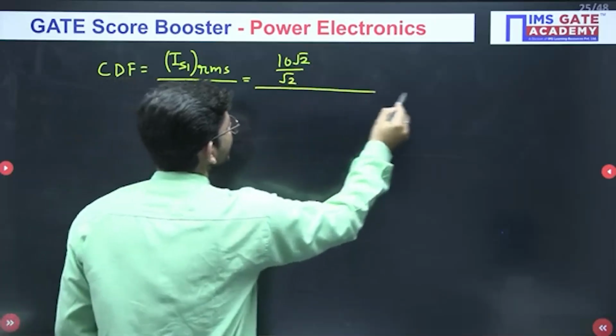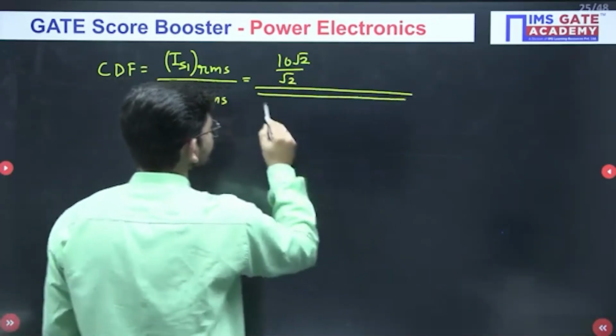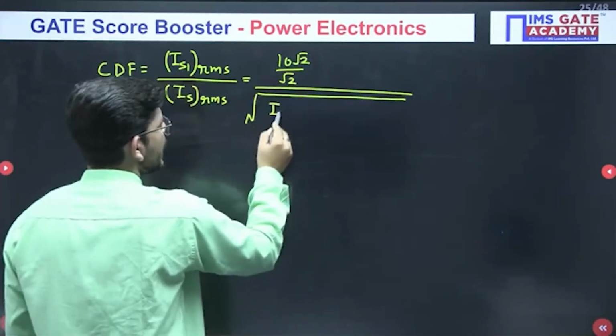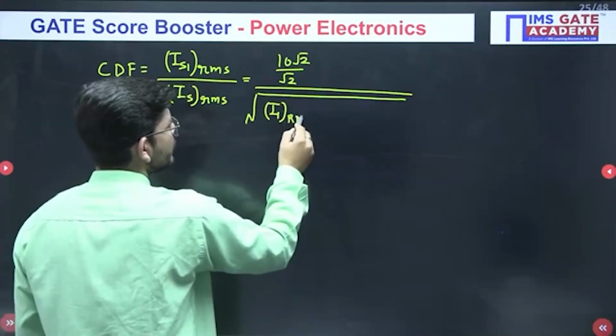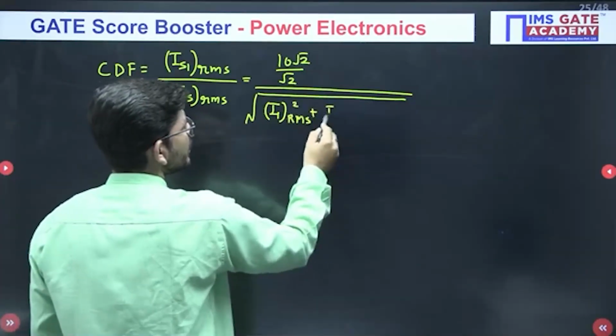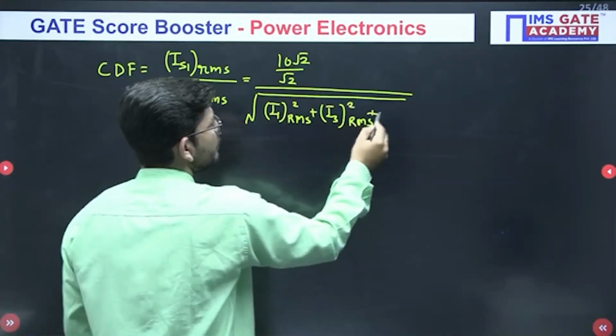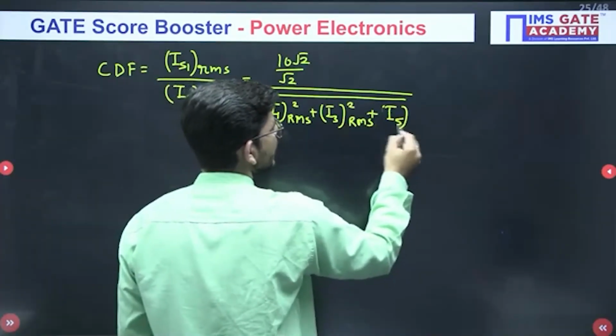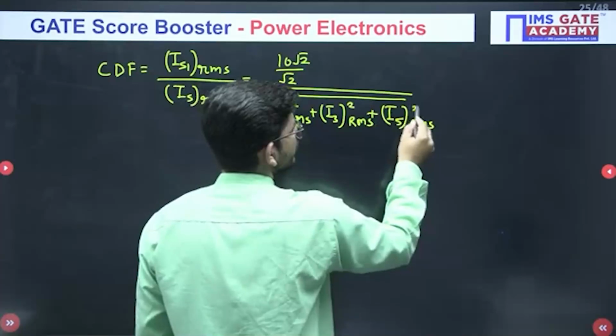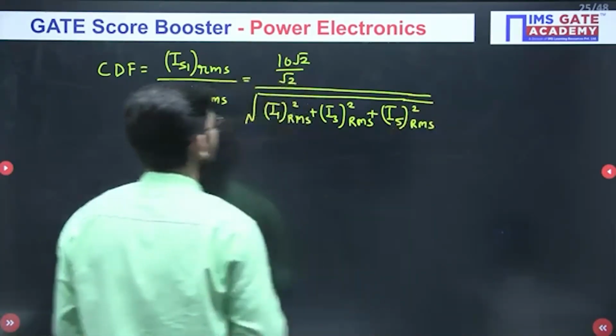And how to calculate the total RMS component? This will be I1 RMS square, because we have the fundamental term, the third harmonic term I3 RMS square, and the fifth harmonic term I5 RMS square. You will do this and you will get your answer.